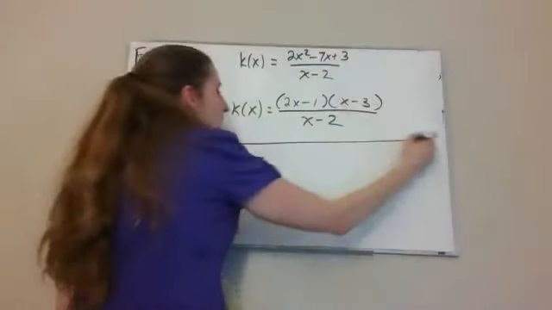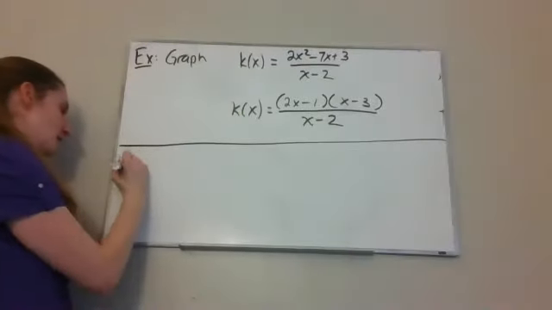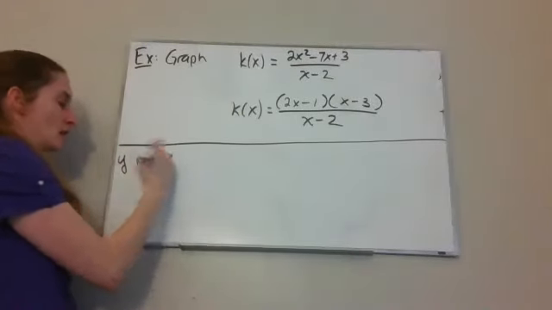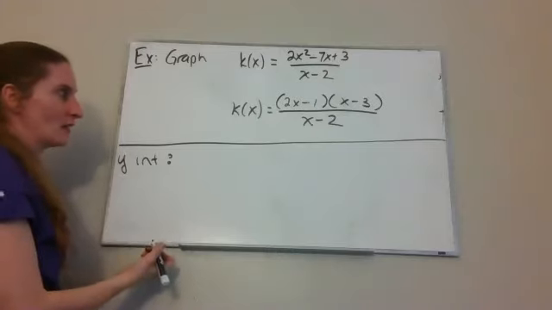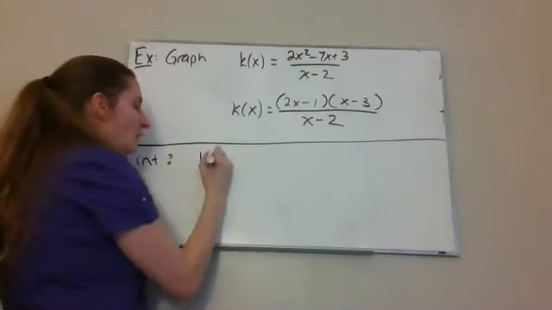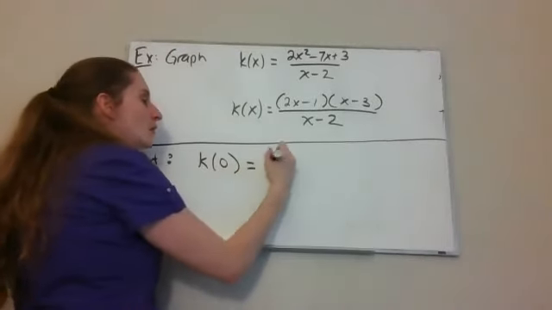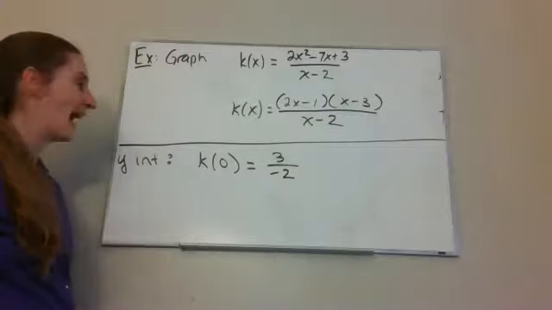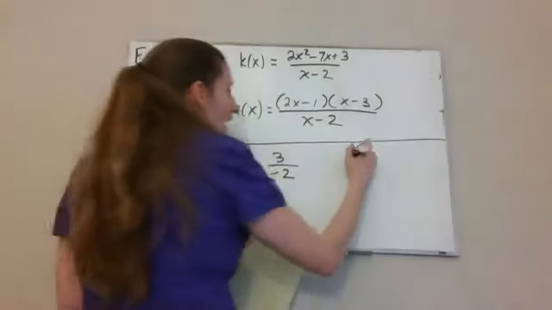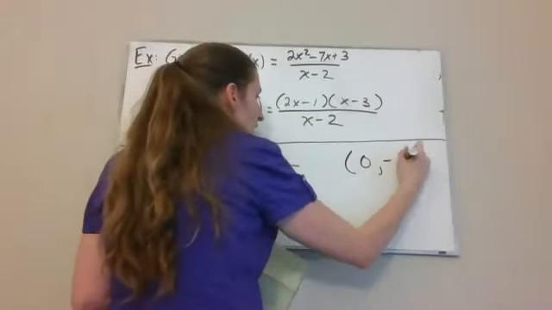We need to start by finding our intercepts. Your y-intercept is what you get when you plug in a 0 for your x. When you plug in 0 for x, you will get 3 over -2, or -3/2. So I have a y-intercept of 0, -3/2.